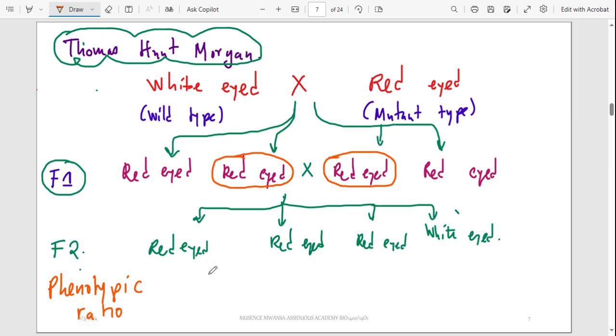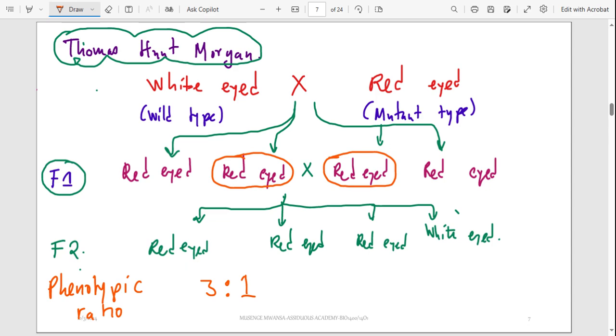Look at how many red do you have? Red-eyed fruit flies. There are three, right? So that is a three. And how many white-eyed do you have? Only one. So this is the ratio that he discovered, 3 to 1. But before you can have a physical appearance, you actually have the genetic makeup.